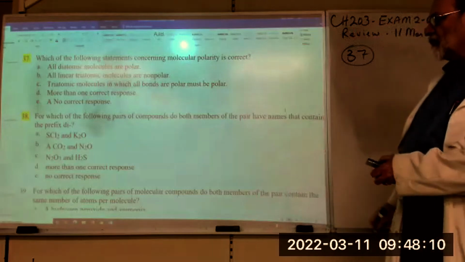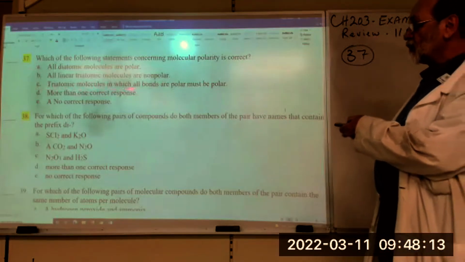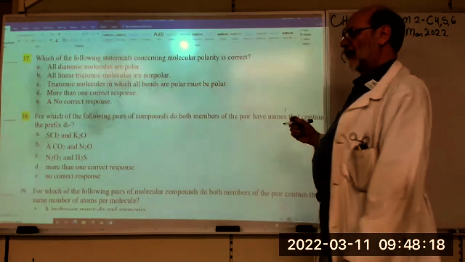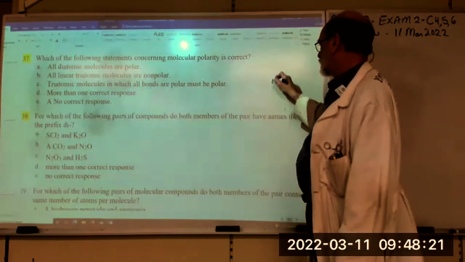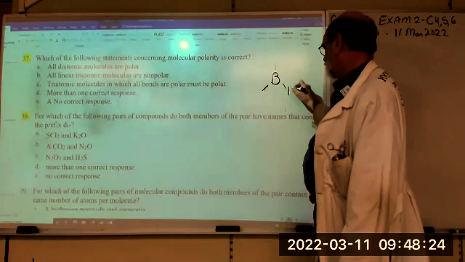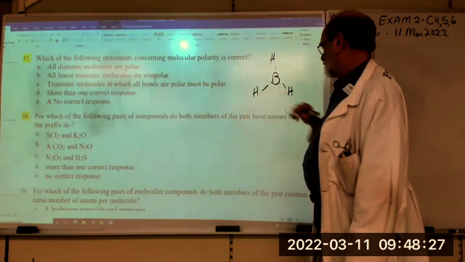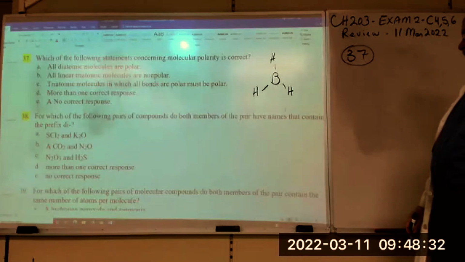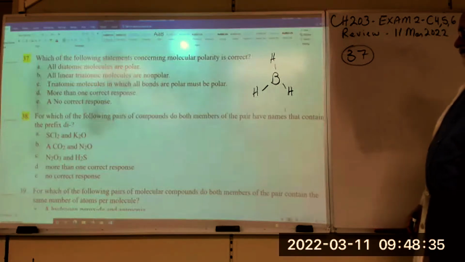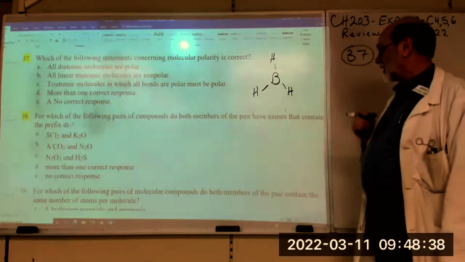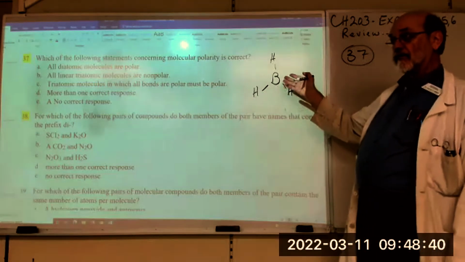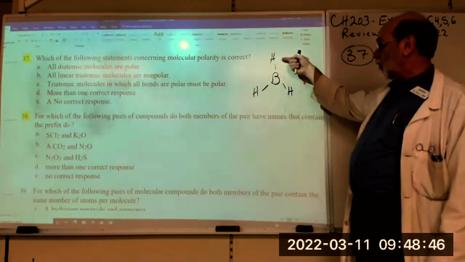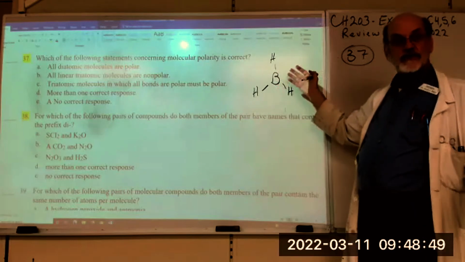How about triatomic molecules in which all bonds are polar must be polar. How about this one? Boron trihydride. That's all of it, right? Boron's got 3 valence electrons, and it's got 1 from each of these, makes 3 bonds. There are no extras.